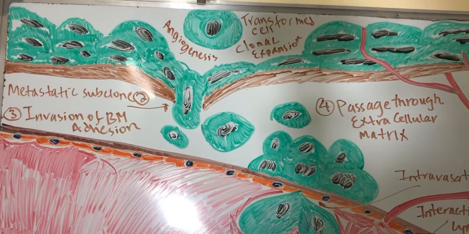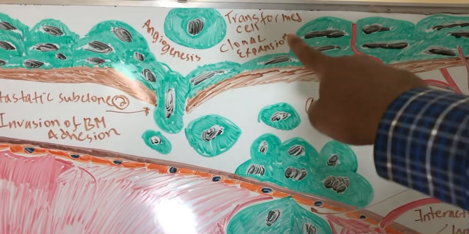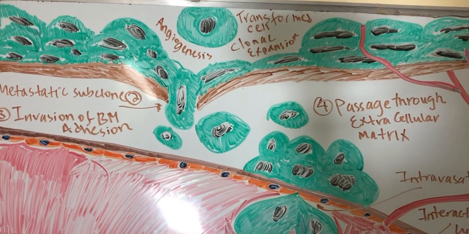So this transformed cell will undergo clonal expansion. So the first step is clonal expansion, and then it will reach out for blood vessels.